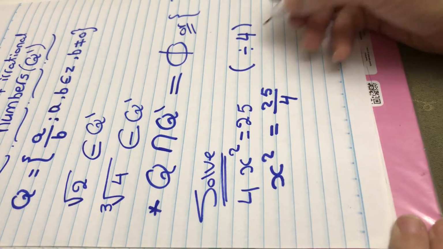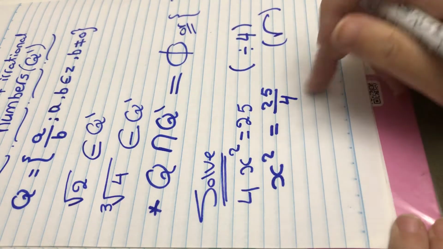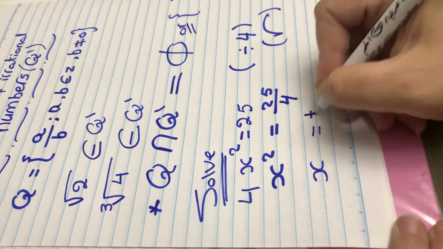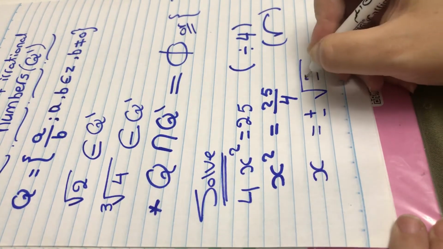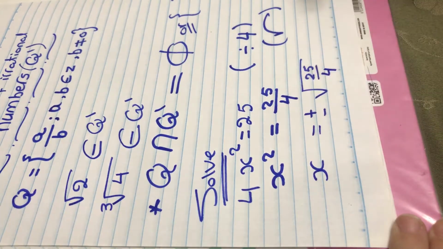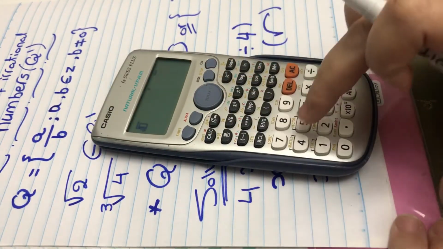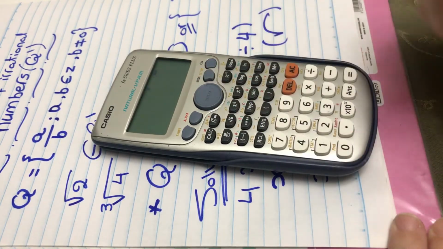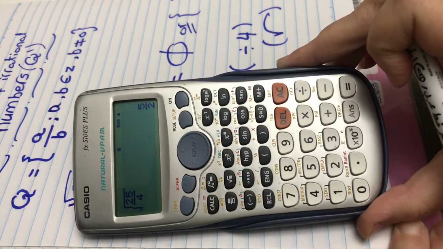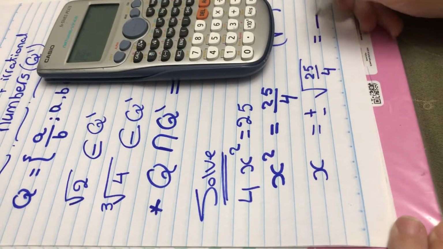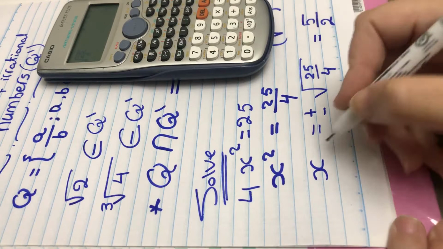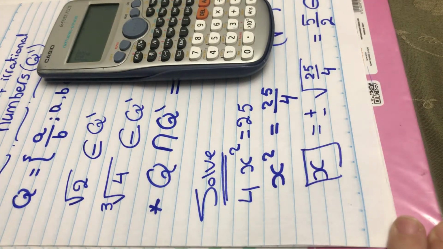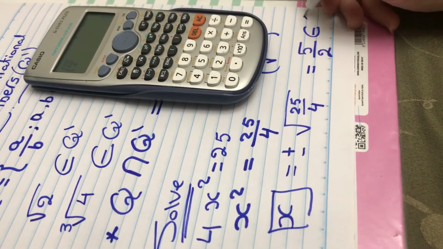So I will take the square root of both sides of the equation. It will be x equals positive or negative square root of 25 over 4. Let's see, the square root of the fraction 25 over 4 equals 5 over 2. Does x now belong to Q or Q dash? It's a fraction, so it belongs to Q.